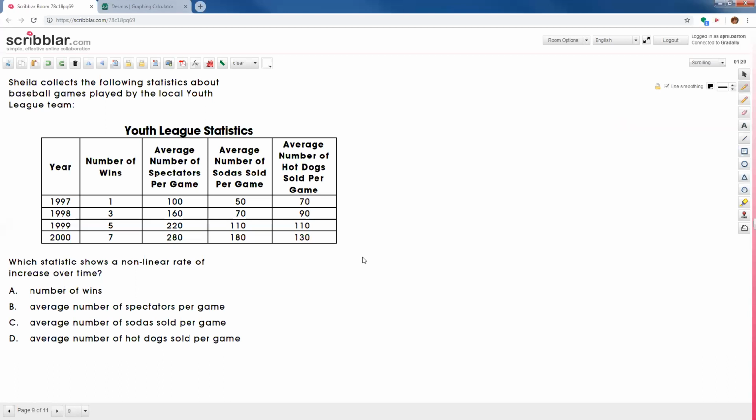So again, this one comes down to vocabulary. What does non-linear mean? Not in order. That's possible. That is one version of non-linear. Linear itself means you're going up or going down by the same amount every time.